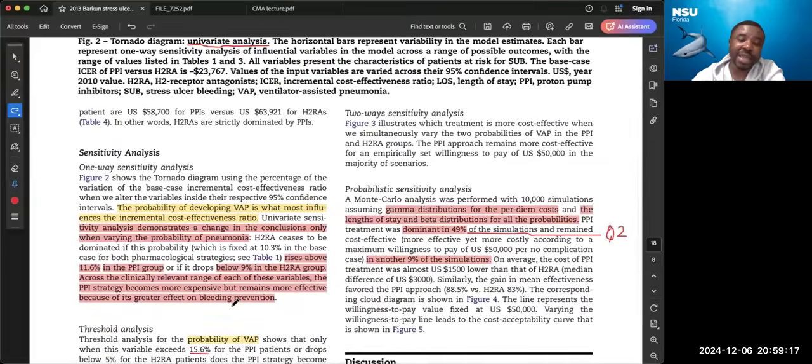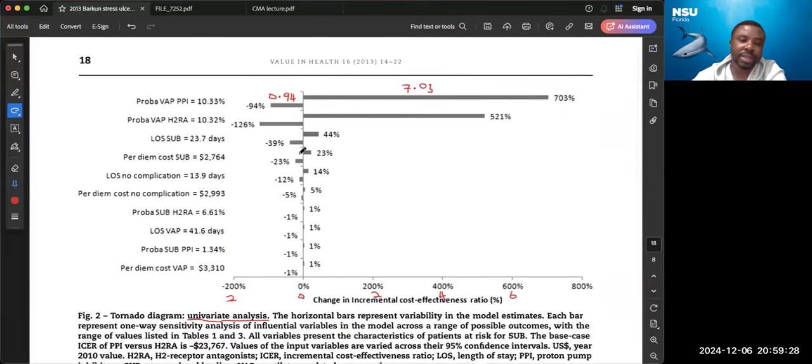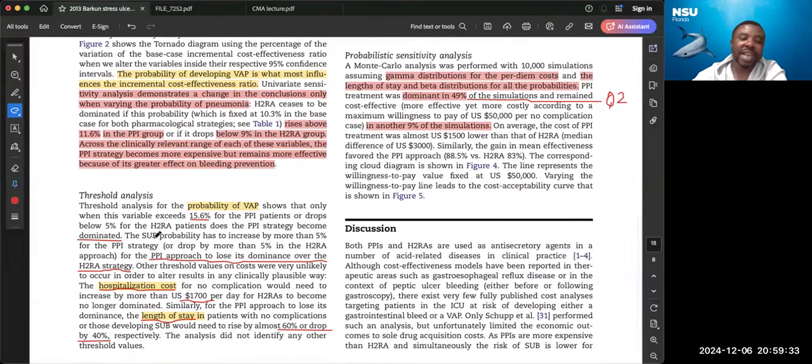If they change this number to 15.6, or if they drop the H2 array, which was 10.23, to 5%, then the H2 array will dominate the PPI. So the decision changes if you increase the probability of VAP in PPI and drop the probability of VAP in the H2 array: the PPI becomes dominated, and the H2 array becomes dominant.